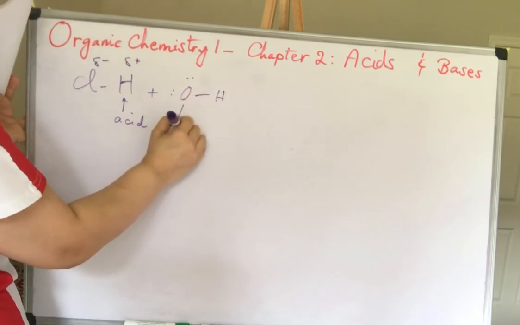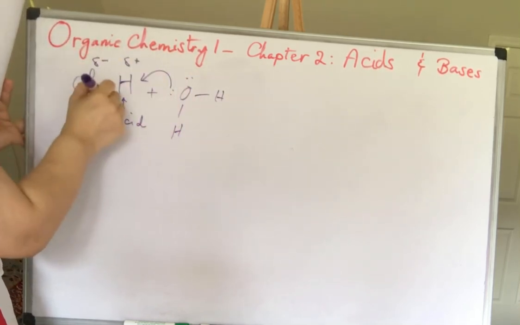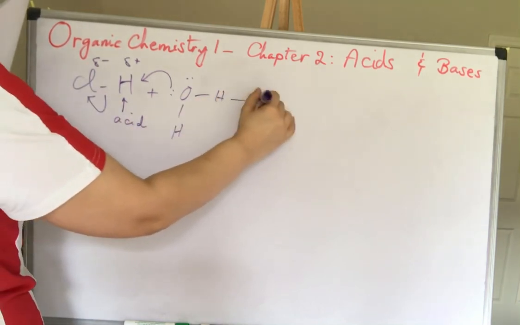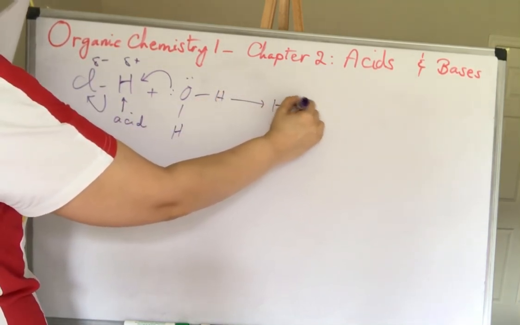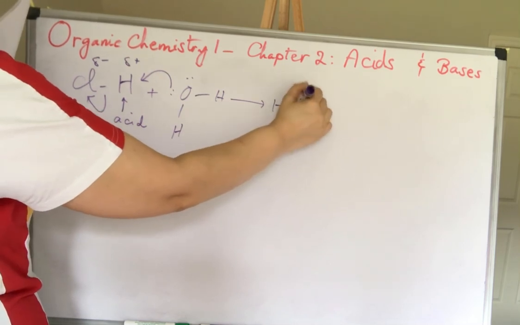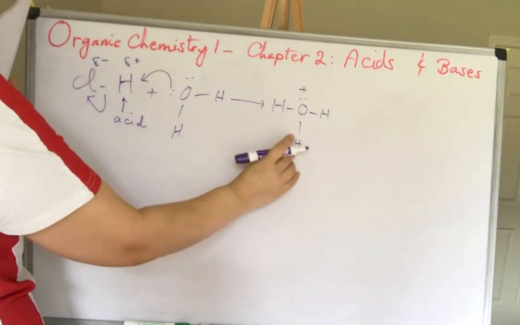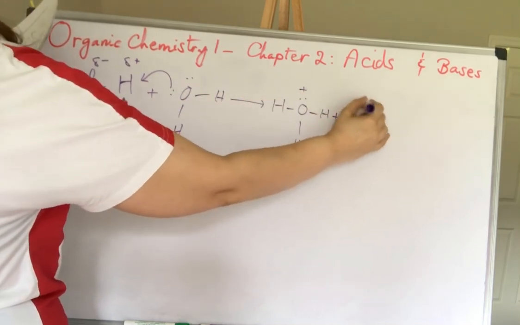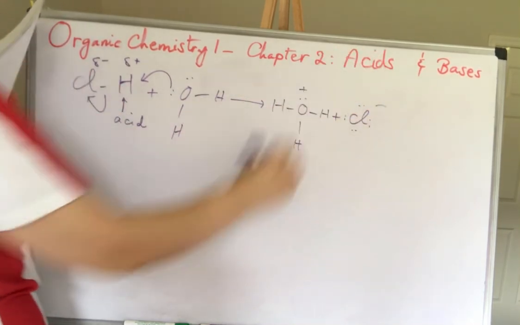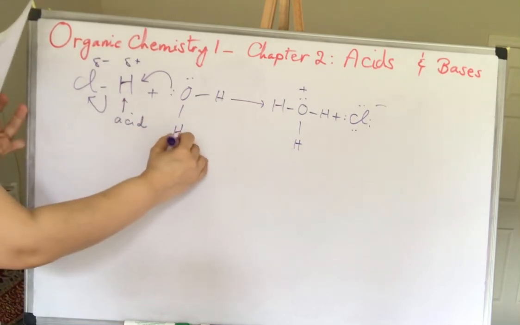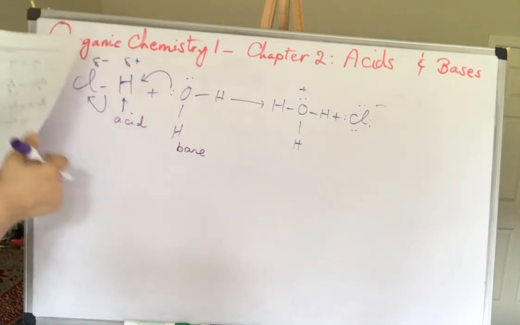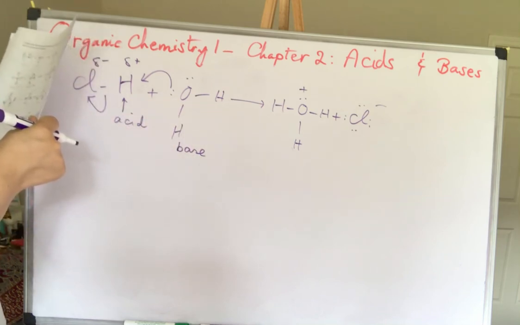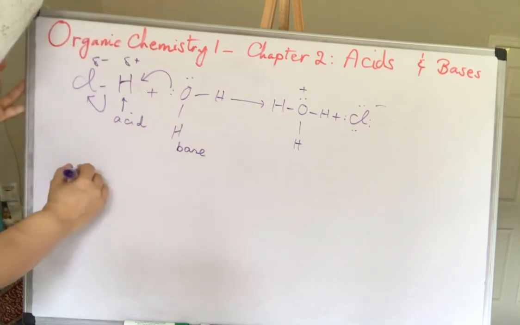So what happens is, that's why oxygen always attacks hydrogen and kicks the other atom out. So we have H3O with a positive charge. Just calculate the formal charge of oxygen. It will turn out to be +1. Plus we have chloride ion. So it would be acid, it would be base. The second one is very similar to what we worked on, aluminum trichloride and water, so I skip it.